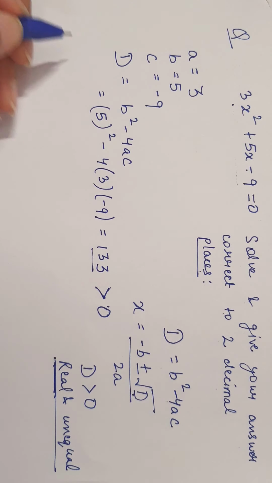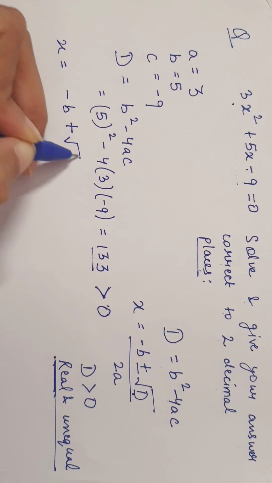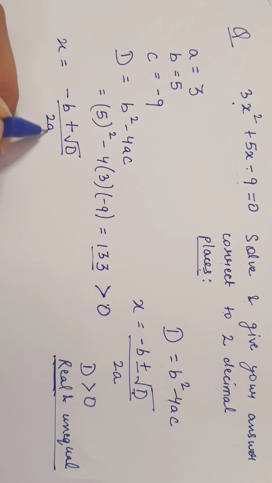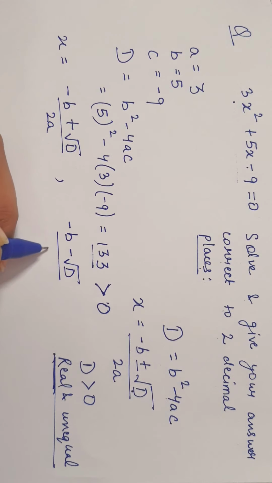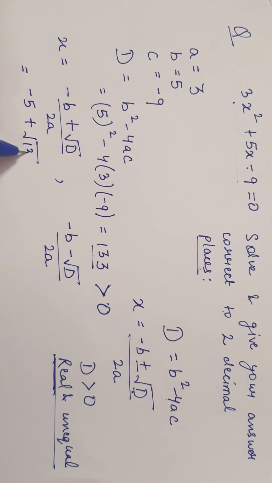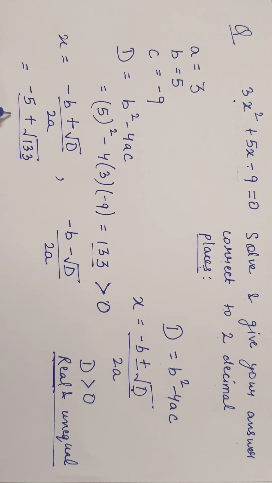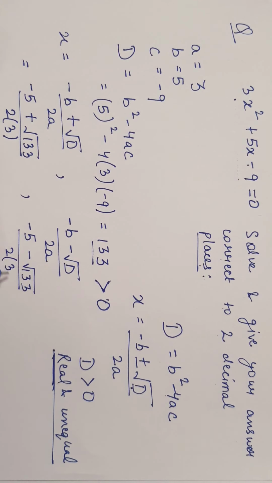Alright, now the formula is minus b plus root D upon 2a, and the other one is minus b minus root D upon 2a. Minus b, minus 5 plus under root 133 upon 2 into 3, and the other value minus 5 minus under root 133 upon 2 into 3.